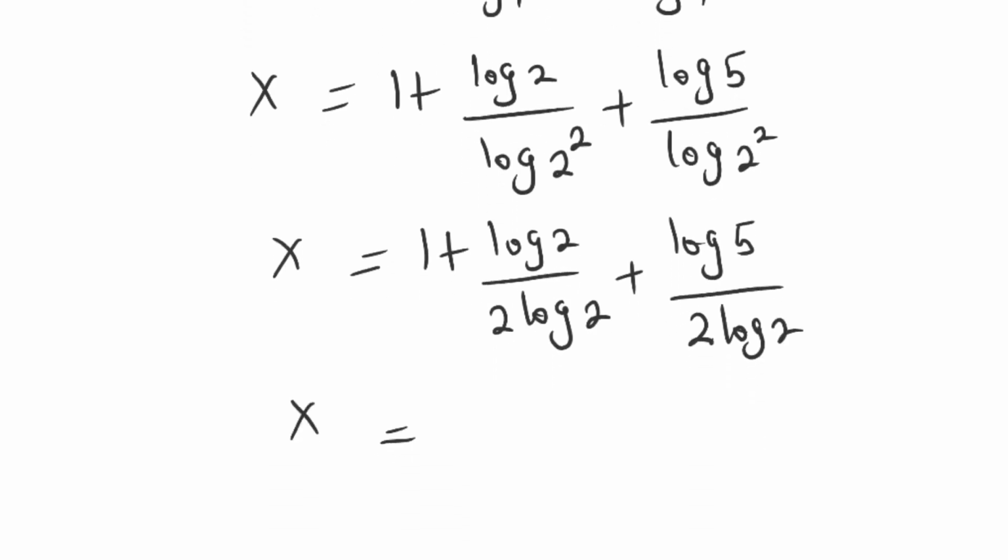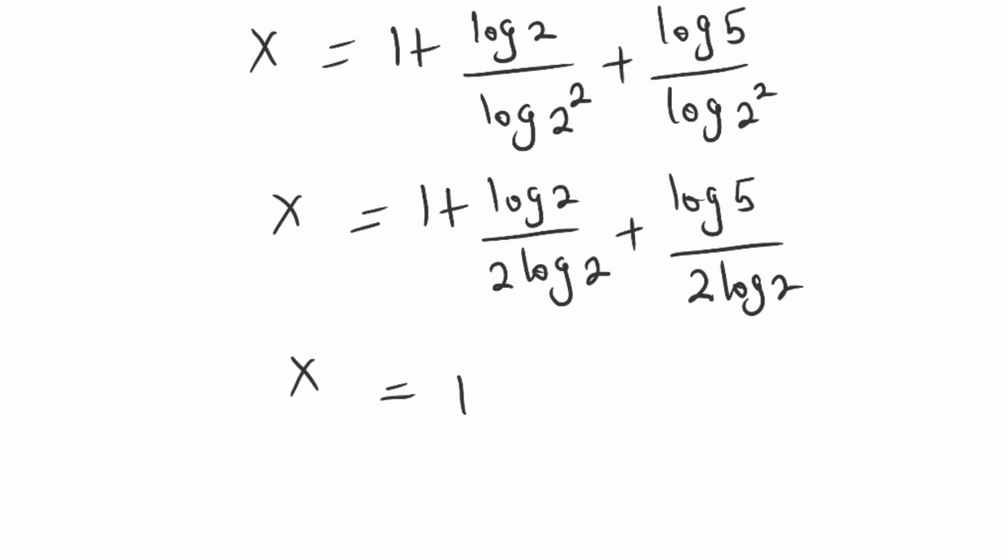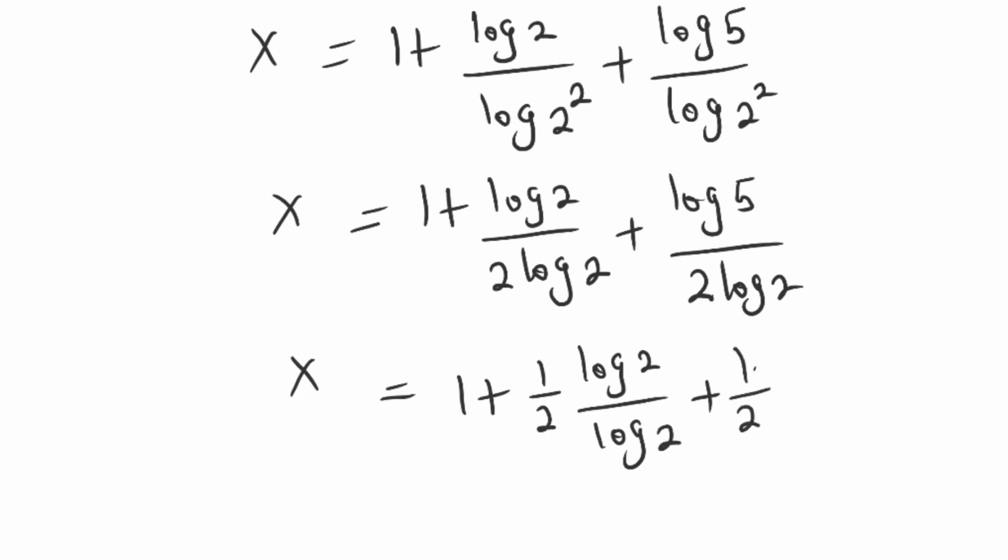S is equal to 1 plus 1 over 2 log 2 over log 2 plus 1 over 2 multiplied by log 5 over log 2.